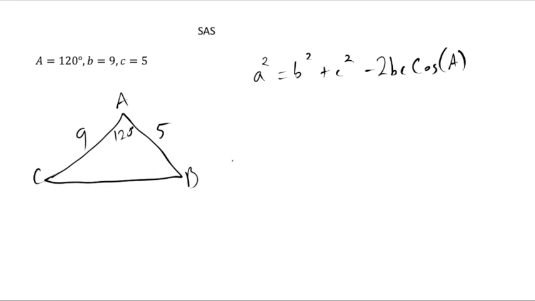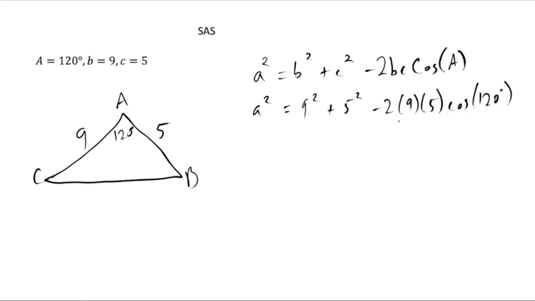So let's plug in the things we know. b was 9, c is 5, and angle A was 120 degrees. Since we have no variables on the right side, all of these are just constants, just numbers.